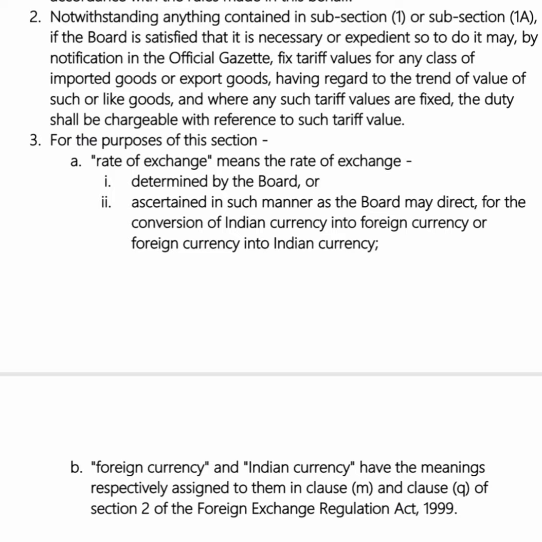Where such tariff values are fixed, the duty shall be chargeable with reference to such tariff value.